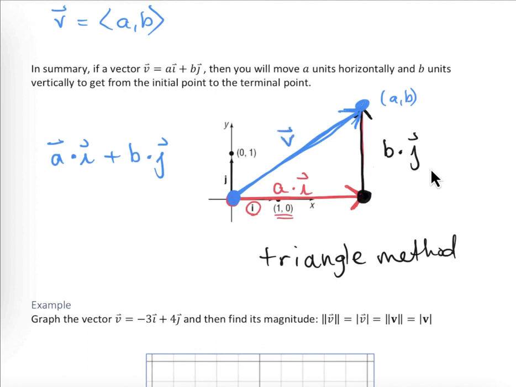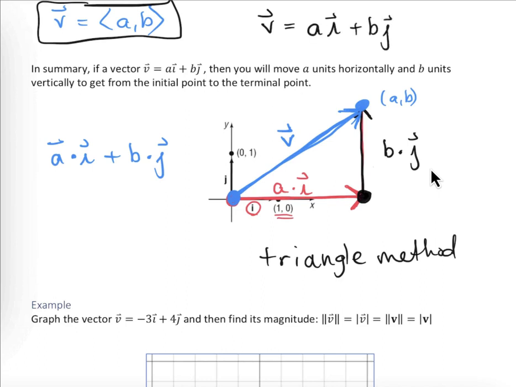And so our vector in question here that had the position vector notation of pointy bracket a comma b, we could also write that vector as the result of adding ai plus bj, right? And this is what we call component form of a vector.